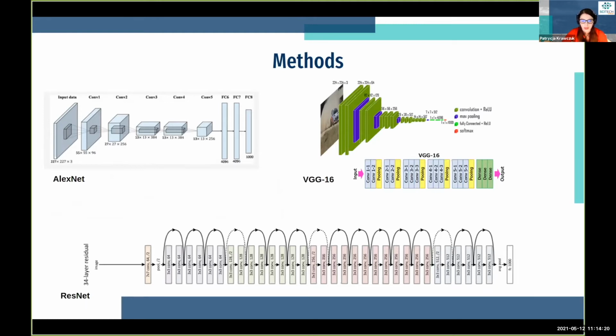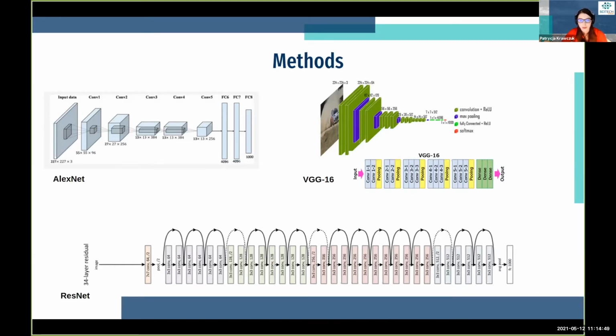We use AlexNet, which was developed in 2012 by Alex Krizhevsky. This model has 61 million parameters. Then we also ran experiments on VGG16, which is a network that was developed by the Visual Geometry Group at Oxford University in 2014.